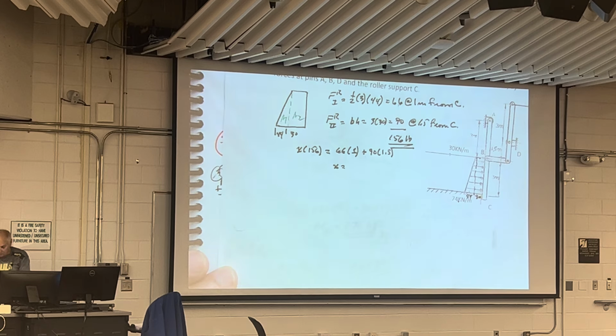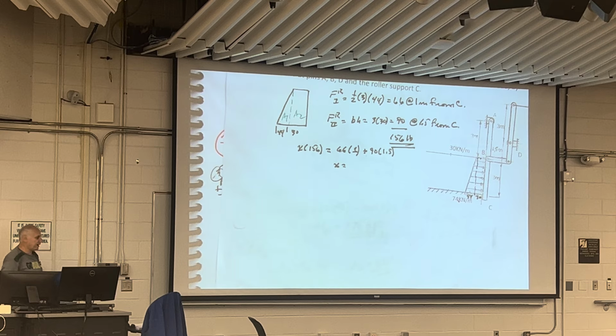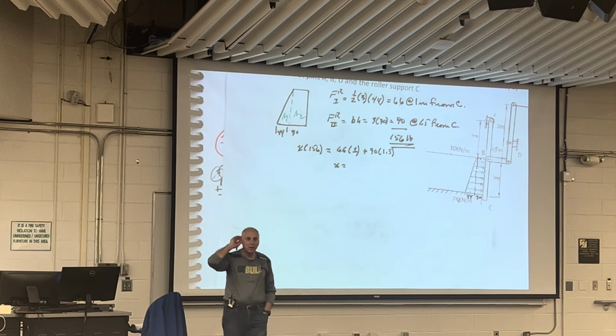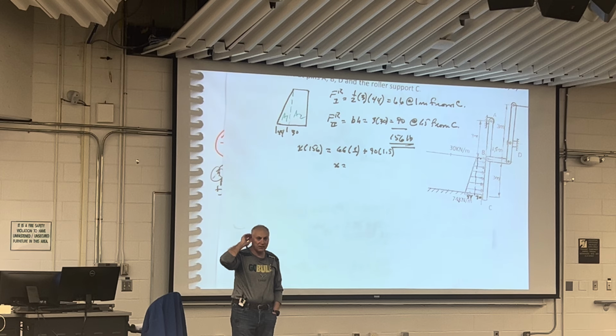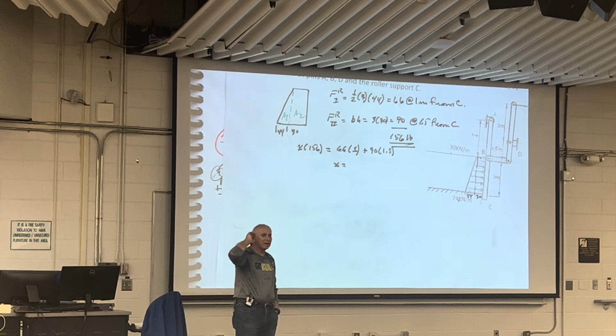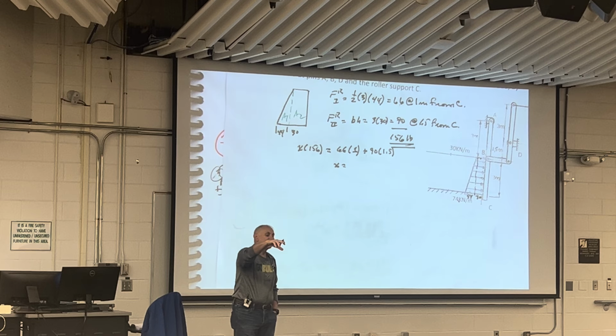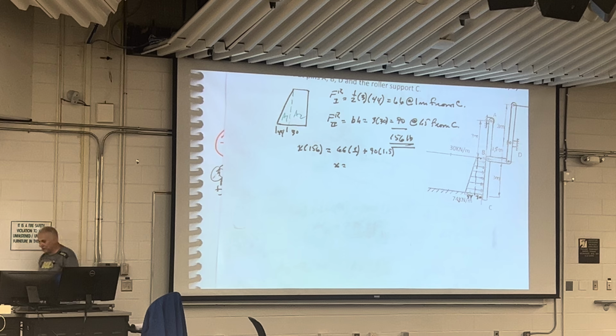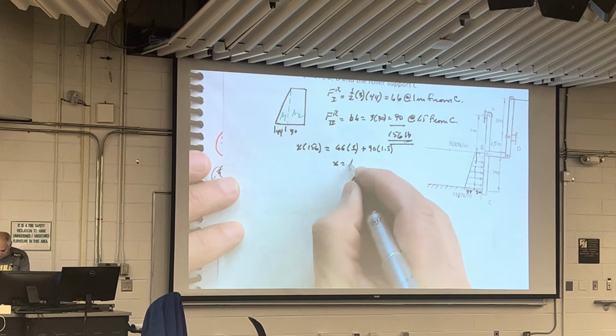X is equal to, somebody got a quick calculator? What is it? Where are you? I hear a voice. I'm like, where the hell is this voice? What'd you say? 1.288. Verification, please. I need a safety factor of another student.